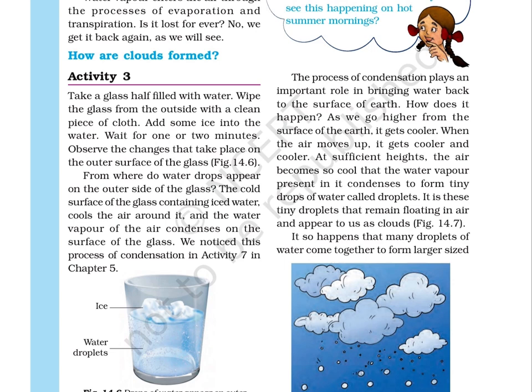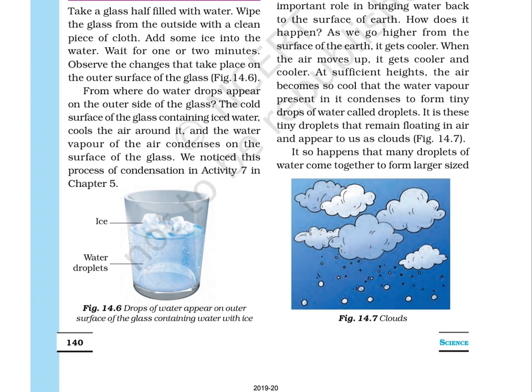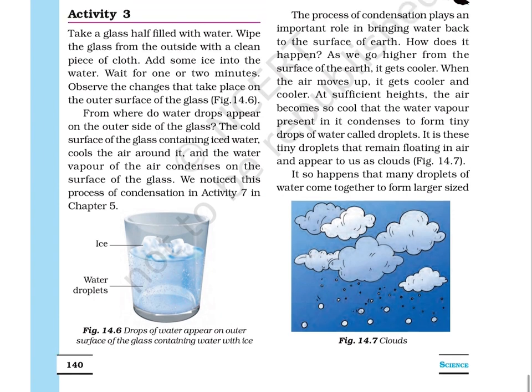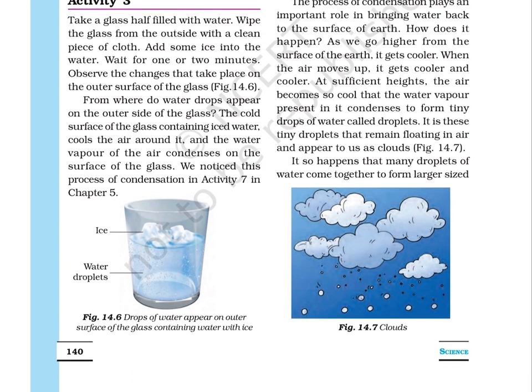Figure 14.6. From where do water drops appear on the outer side of the glass? The cold surface of the glass containing iced water cools the air around it, and the water vapor of the air condenses on the surface of the glass. We noticed this process of condensation in activity 7 in chapter 5.